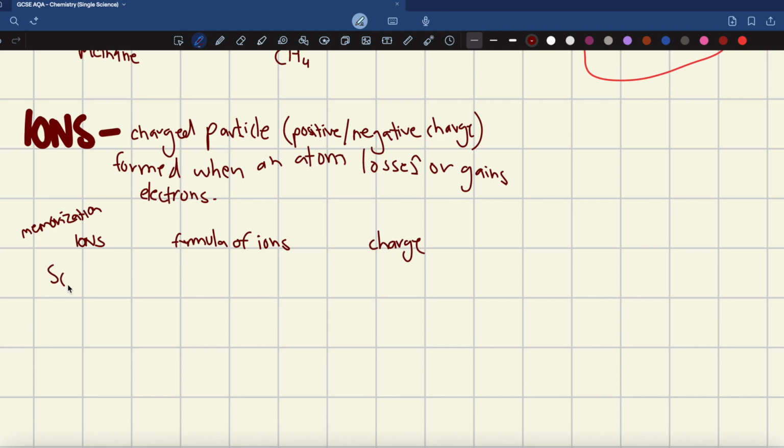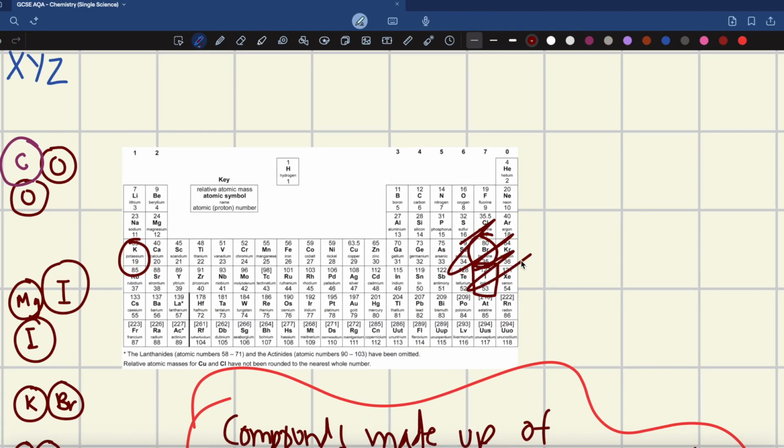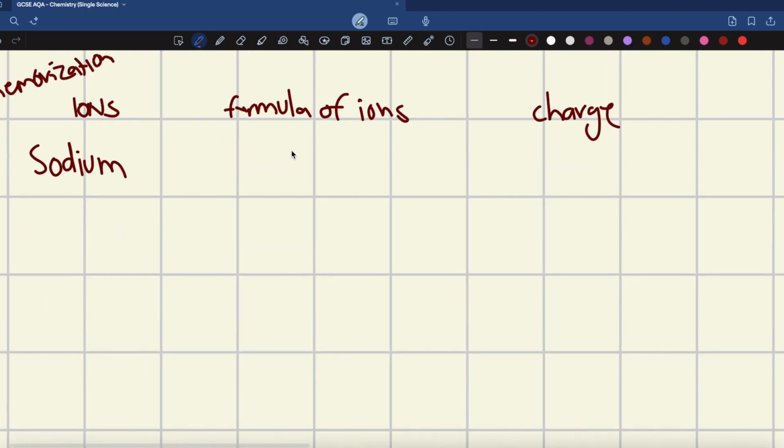The first one is sodium. Let's spot it on the periodic table. Where is sodium? This is sodium. Sodium is denoted by Na. The chemical symbol is Na.